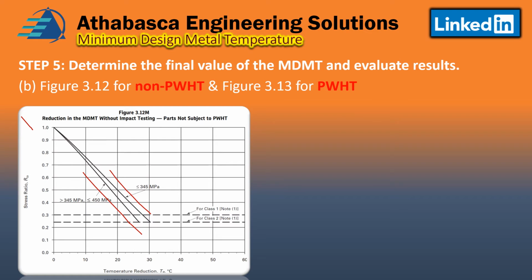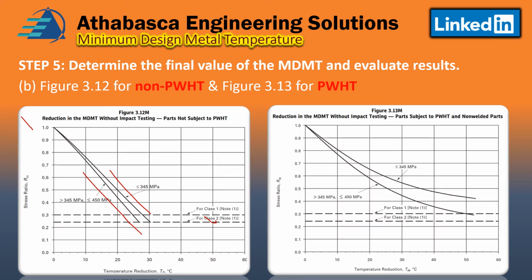Then you can see classes 1 and 2, and you can see that you're required to be less stressed with the class 2 parts, because you're pushing that part closer and closer to the yield strength. There's less of a design factor for a class 2 material than a class 1. And again, I've made a video about the differences between class 1 and class 2 for the allowable stresses for the materials, so that should explain that.